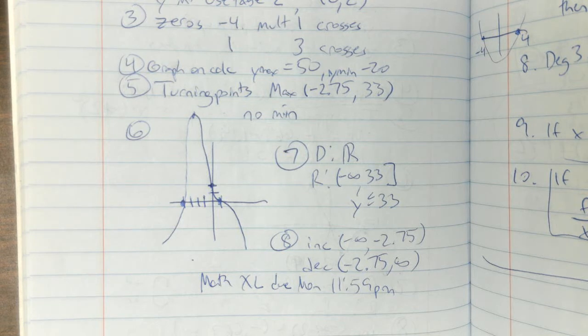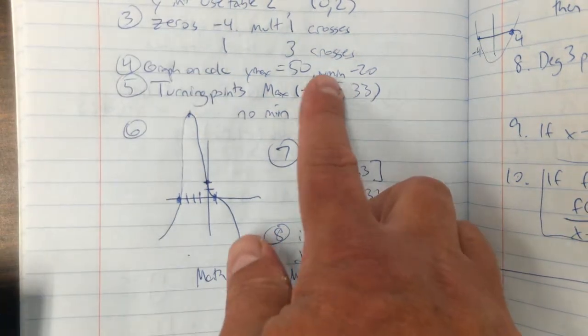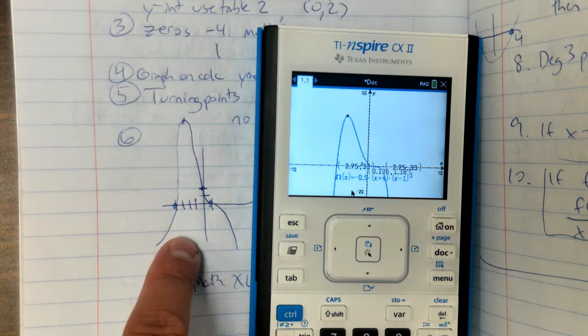So then there's the sketch by hand. Okay, when I use these numbers from earlier, 50 and negative 20, it does look exactly like that.